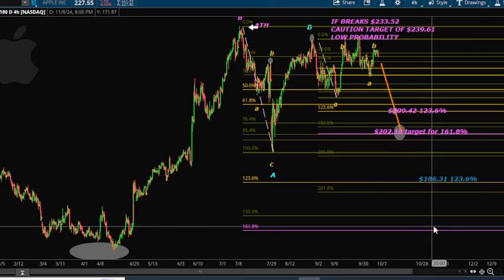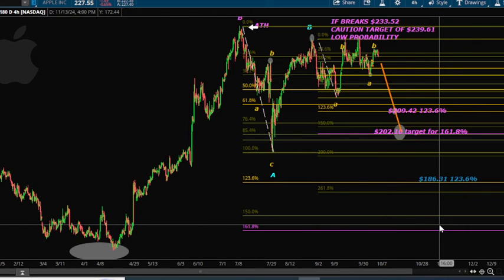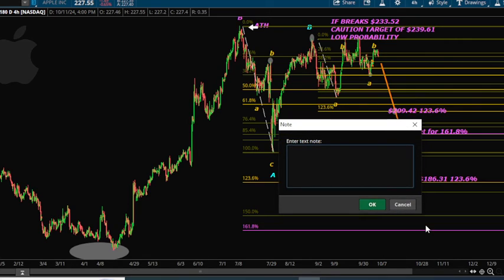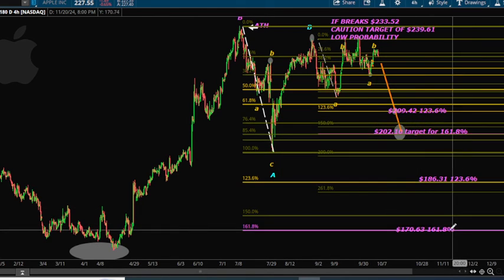And then the 161.8 down here is 170.63, and that's the 161.8%.